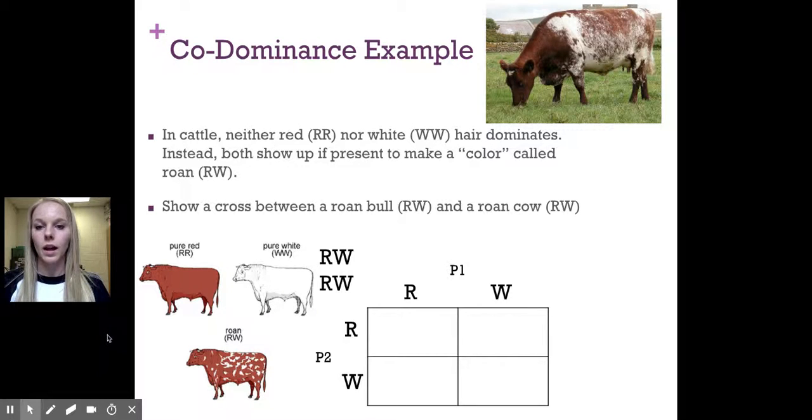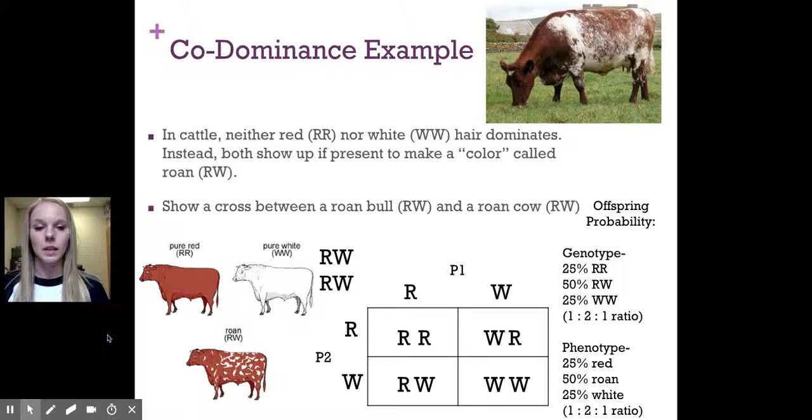In cattle, neither red nor white hair dominates. Instead, both show up if present to make a color called roan, which is red and white. Let's show a cross between a roan bull, which is big R, big W, and a roan cow, big R, big W. So we carry our alleles for parent 1 down, and the alleles for parent 2 across.